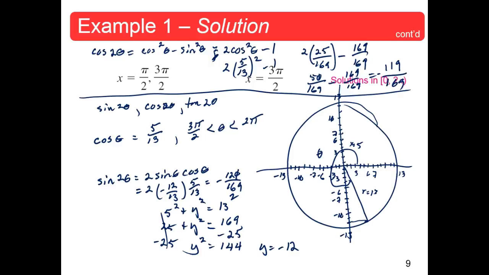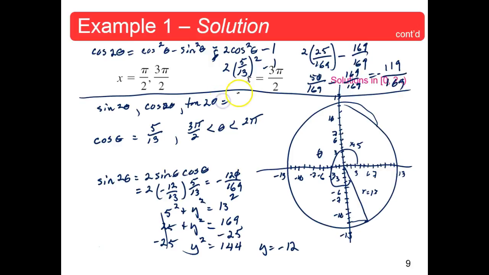Or what also is tangent 2 theta? Isn't it sine 2 theta over cosine 2 theta? Oh yes! And that I think will be much easier to do, won't it? And I'm lazy. I like to find the easy way.